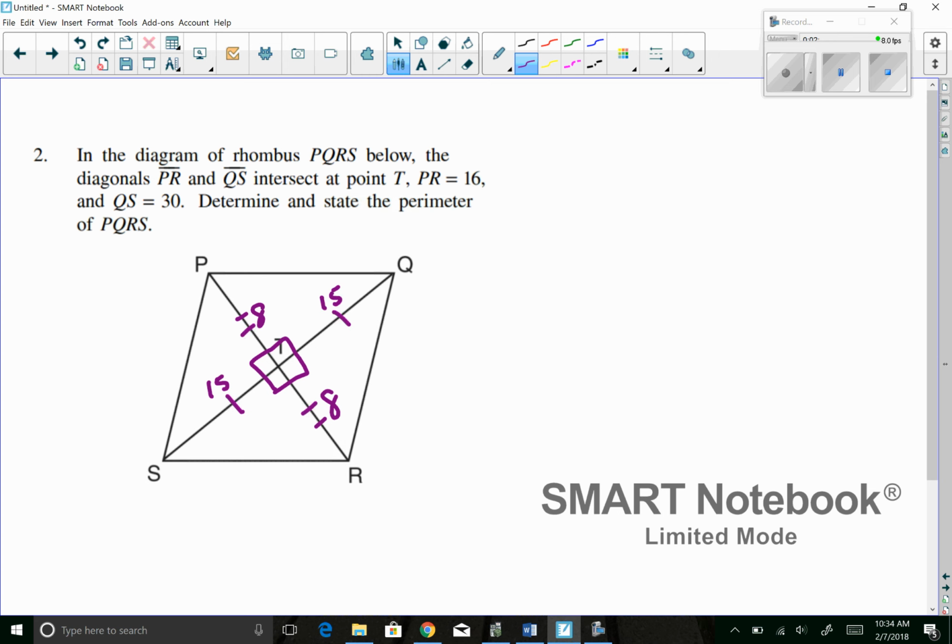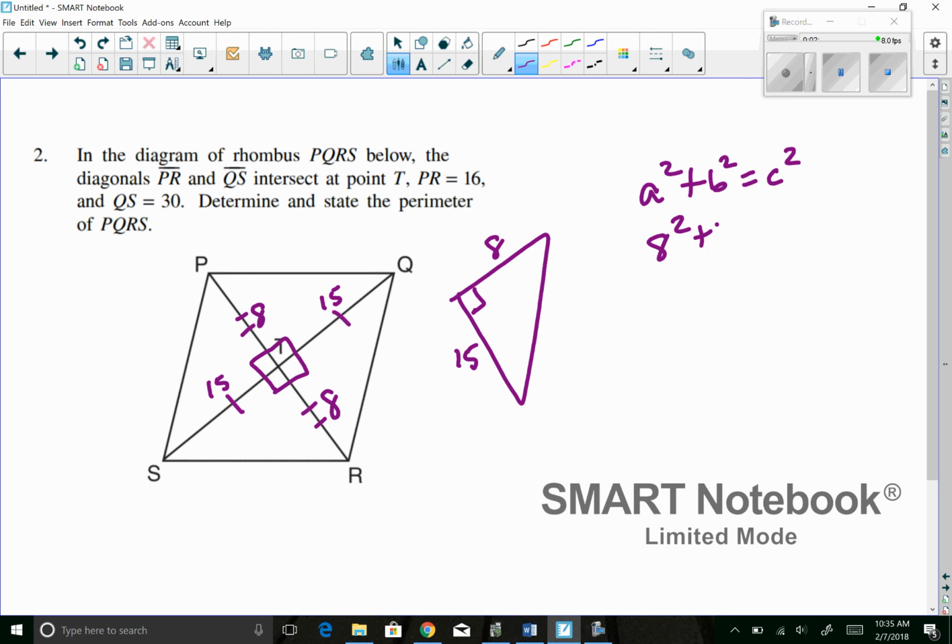So if I just take one of these triangles, doesn't matter which one, and one side is 8 and one side is 15, I can use the Pythagorean Theorem to find the missing side. And we can see that that comes out to be 289.